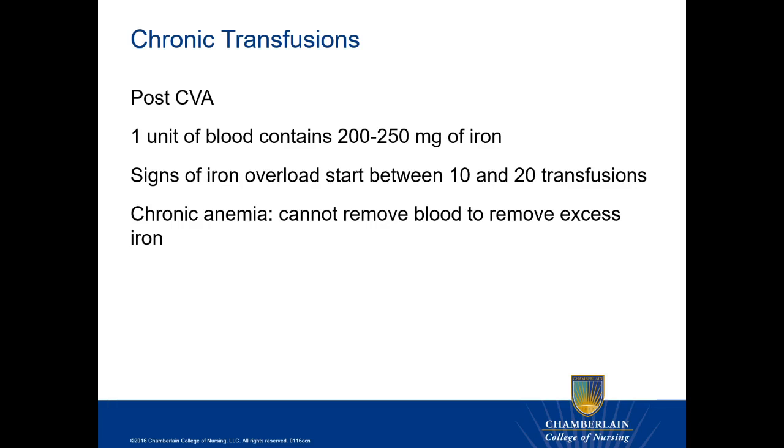And so they will get chronic blood transfusions to try to keep their sickling hemoglobin level to a minimum by infusing them with healthy red blood cells. What we know happens, however, is that when we do that, we're giving them a whole lot of iron in that blood, and they become iron overloaded very quickly. So then we have to do something called chelation therapy to remove the iron.